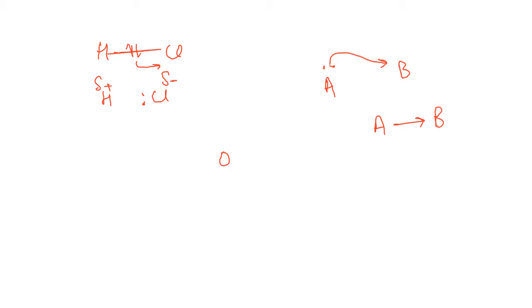Like in the water molecule or in the hydronium ion. Water has two lone pairs. Suppose it donates its lone pair to a proton and becomes a hydronium ion like this.